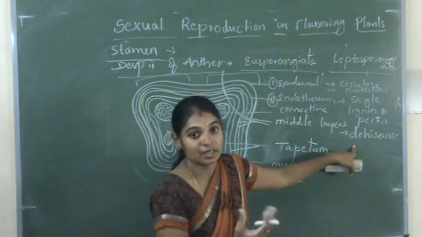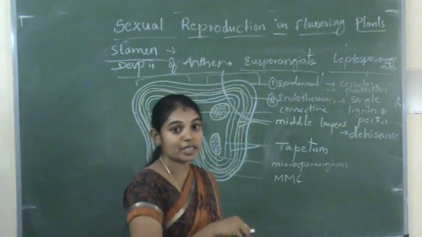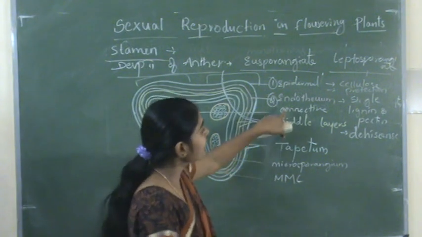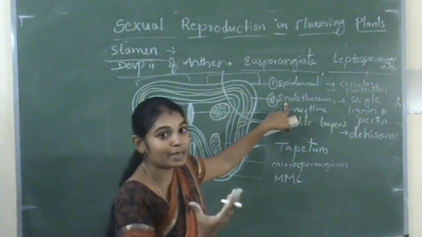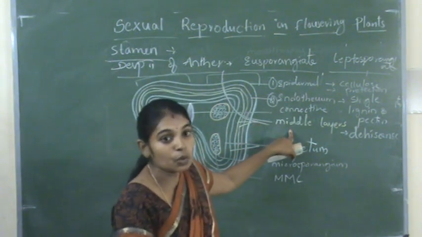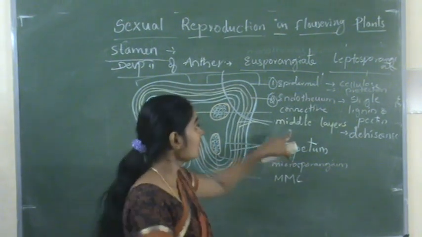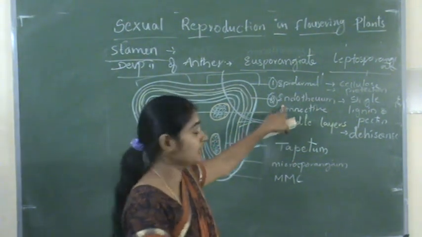Dehiscence means splitting, to release pollen grains. So after completion of formation of pollen grains, the endothecium helps in the splitting of these anther valves to liberate the pollen grains. This is the function of the endothecium.